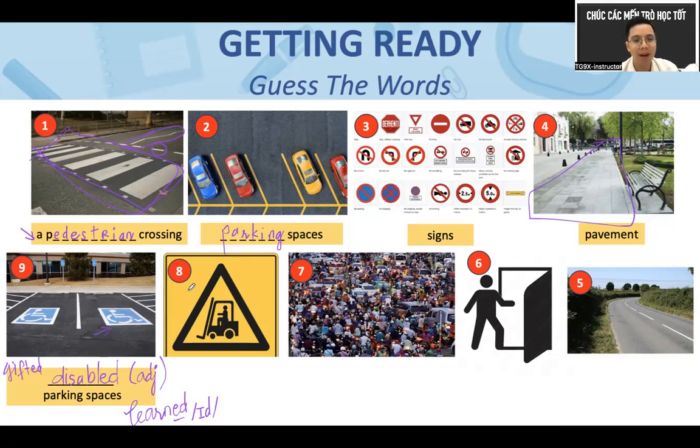All right. What about number 8? Forklift. Yes. All right, good. But I'm looking for a verb, an action. What is he doing? Lifting. Yes, I agree. He is lifting. What is more general? He lifts the goods and transports the goods to the lorry.